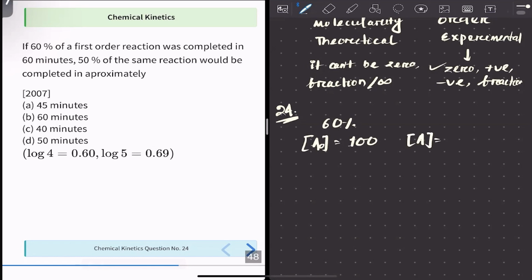It will be 40 because it is completed by 60%. So remaining would be 40. So let's write down the equation for it.